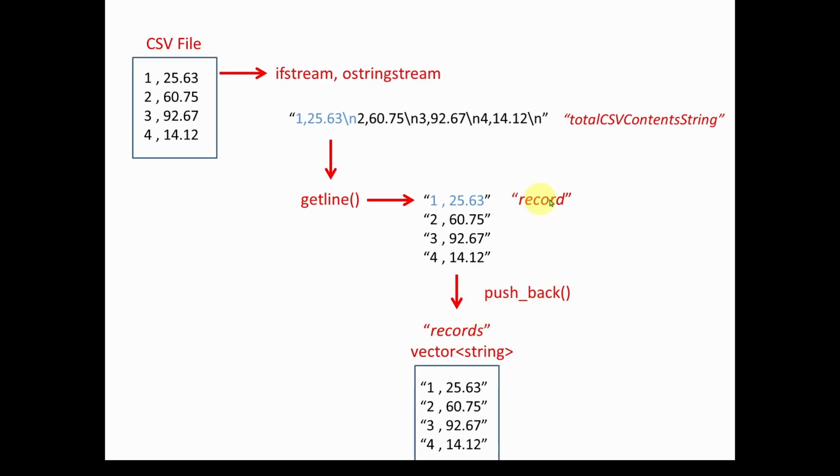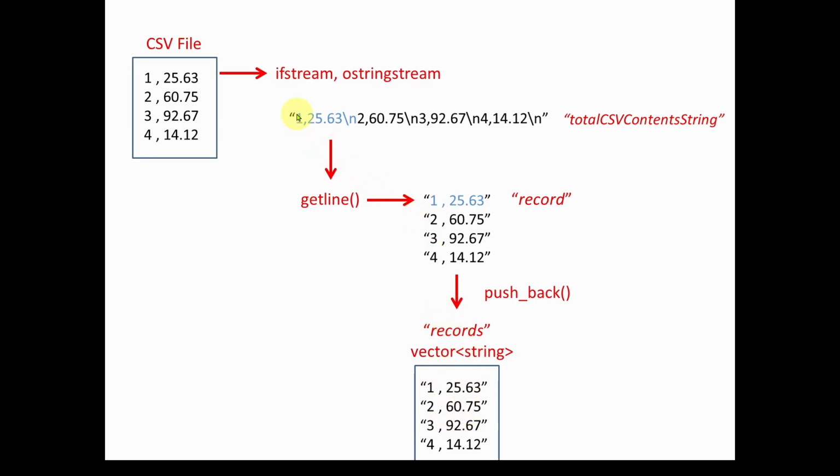So you're basically going to take a record, push it back onto the records vector of strings, the next record, the second one, push it back, and at the end of the day, we will have a vector of strings called records that has all of the lines from that file in these strings, all right? And again, it doesn't have to be CSV, it can be any text data, and it's going to be a vector of strings. Once we've got that vector of strings, we can work on it and get the numbers out of it, but this is the primary focus of this first part of the exercise, okay?